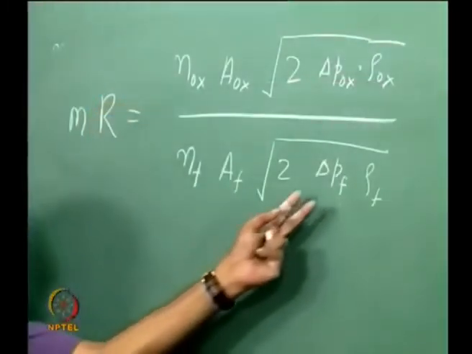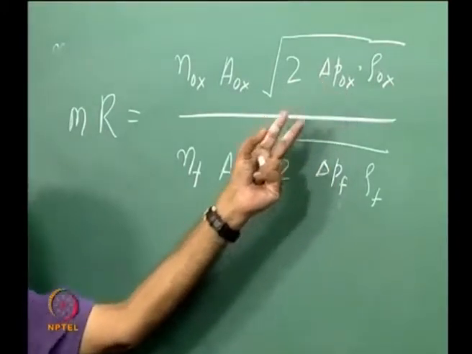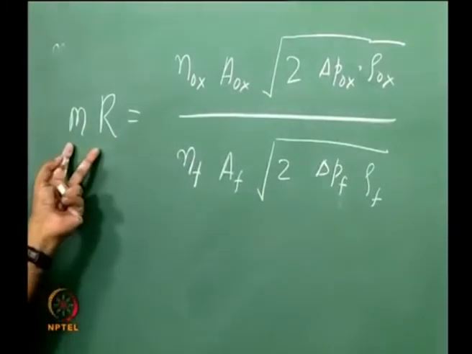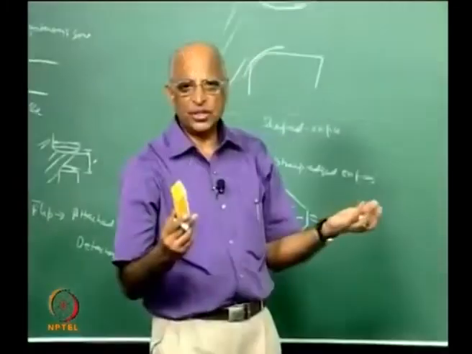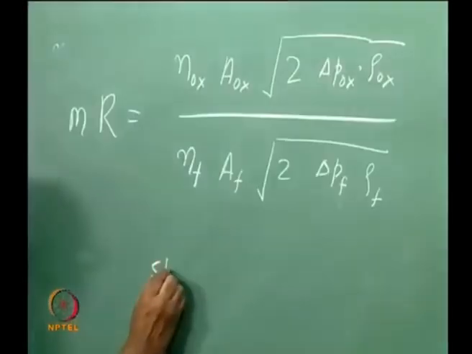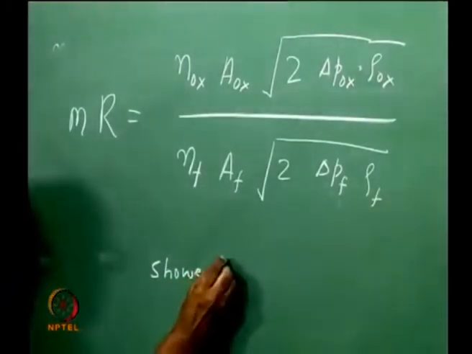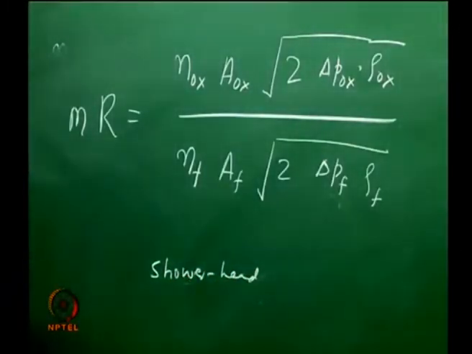If I have a shower head which has common pressure, delta P fuel is equal to delta P oxidizer, and of course 2 cancels, and this is how you get a mixture ratio. This is all about the simple way of injecting fuel in a rocket chamber using what we call a shower head.